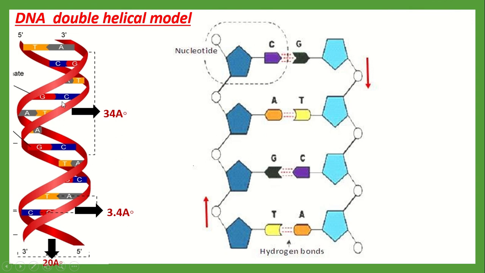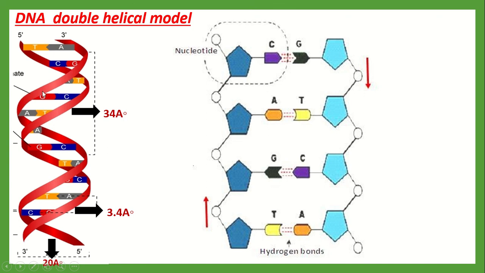So each turn has a length of 34 angstrom and 3.4 angstrom separates the planes in which adjacent base pairs are located. Here major groove and minor groove are formed. Everybody see, this turn is completed.